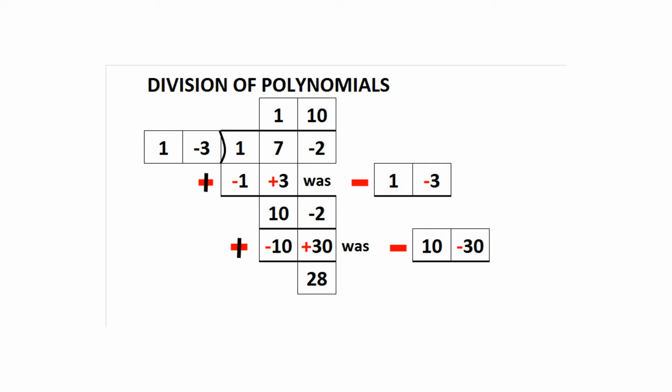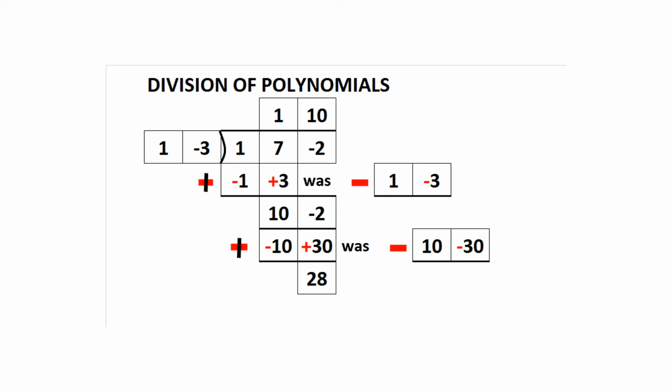Now, for subtraction, we're actually going to apply the negative to each of the numbers 1 and negative 3, and that becomes negative 1 plus 3, and then we get to add the numbers. So 1 comma 7 added to negative 1 plus 3. The 1s go away, which is what we want, and 7 and 3 is 10.